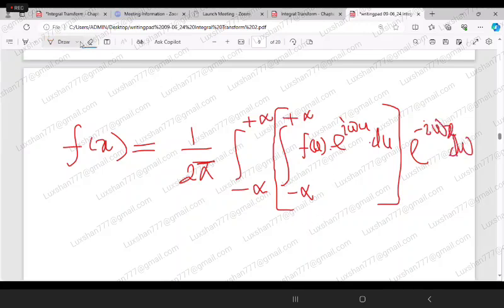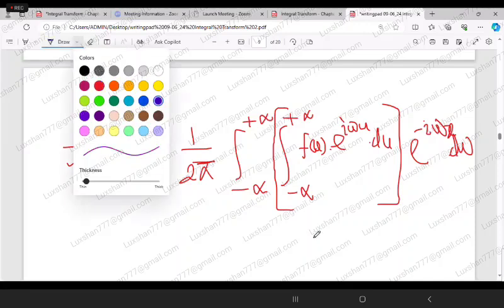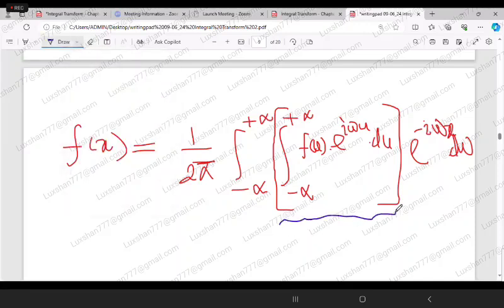We are saying that this is our Fourier transform of the function.